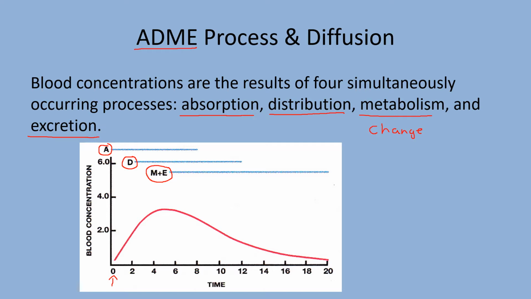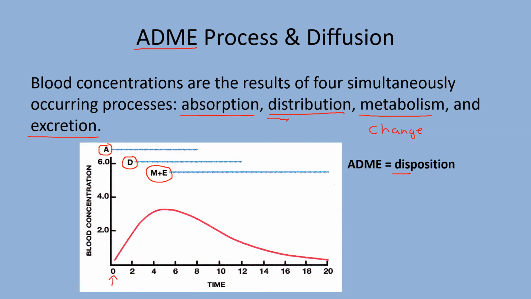Very important, there are going to be two D terms and two E terms. They're very similar. We have distribution and the term disposition. Drug disposition is all four steps: ADME all together is known as drug disposition. So disposition and distribution are very similar terms, but entirely different things. Distribution is just one part of drug disposition, which is everything all together.